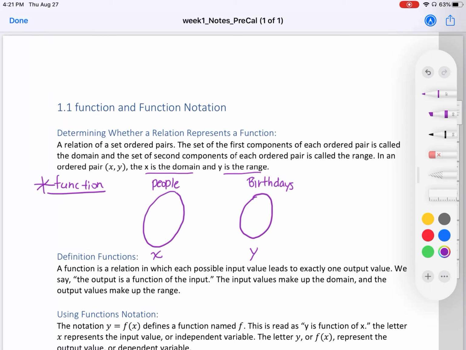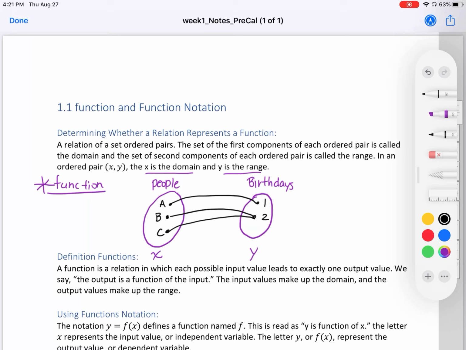So let's say we have a person A, and they have a birthday, let's say the 1st of January. And then person B has a birthday, say the 2nd of January. And let's say a person C happens to have the same birthday as person B. That's possible, right?